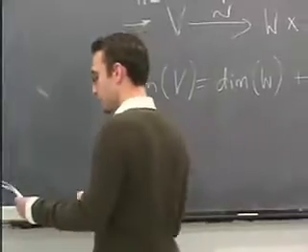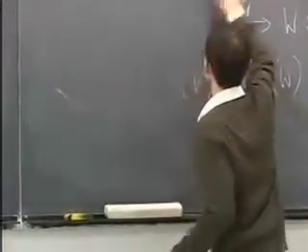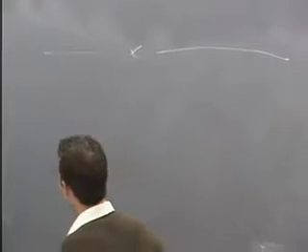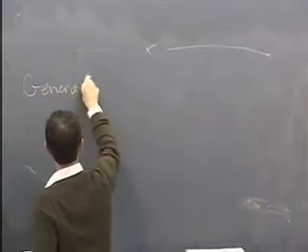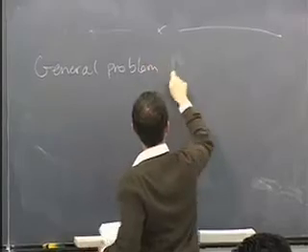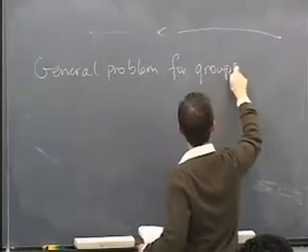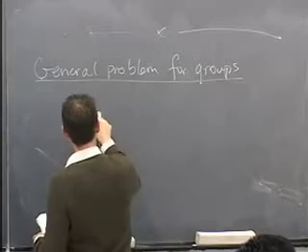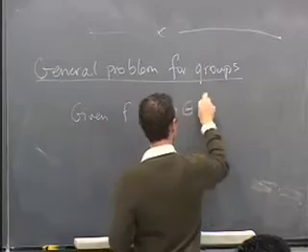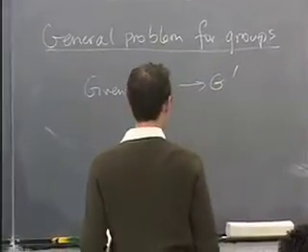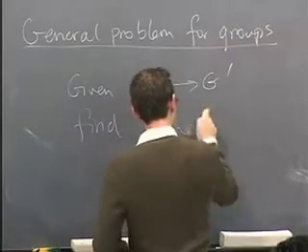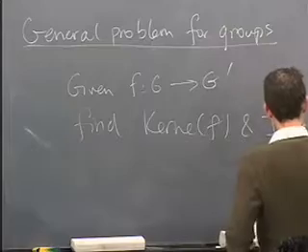Okay, let's move on to something a little different. So, here's another general problem for groups. Well, if I have a homomorphism between groups G and G prime, say, we want to find the kernel and the image of this homomorphism.